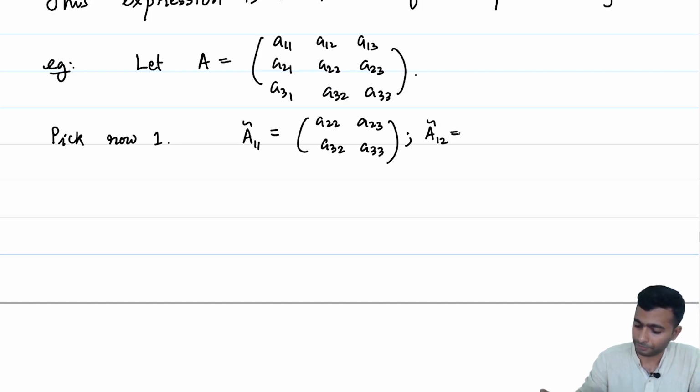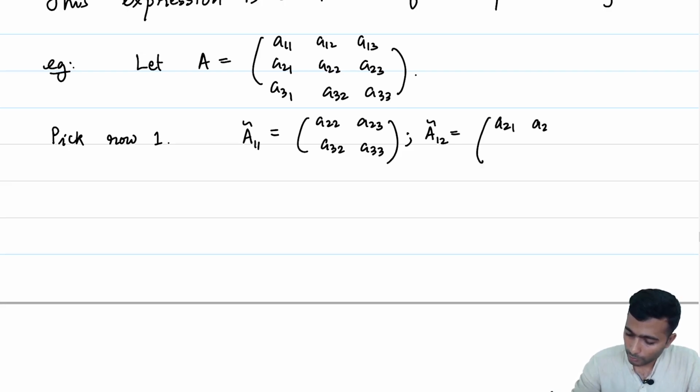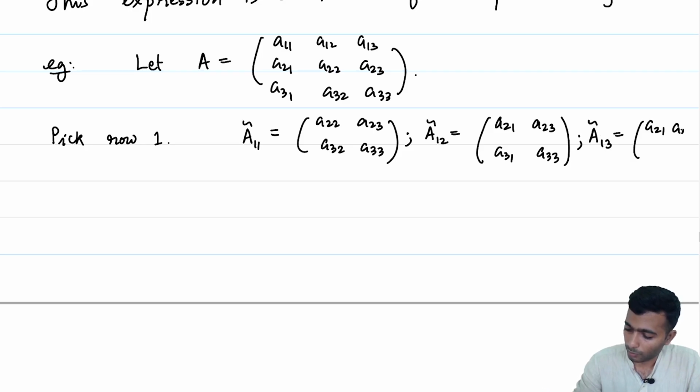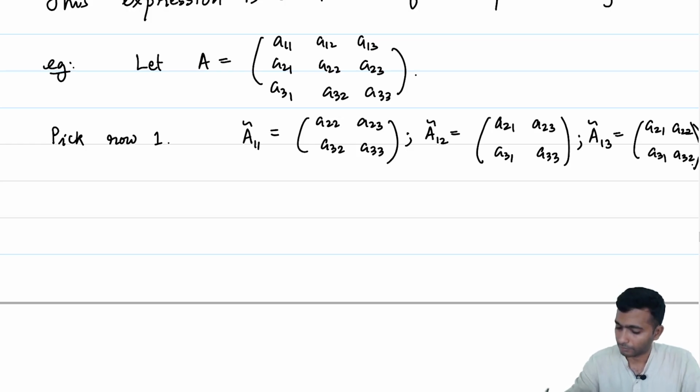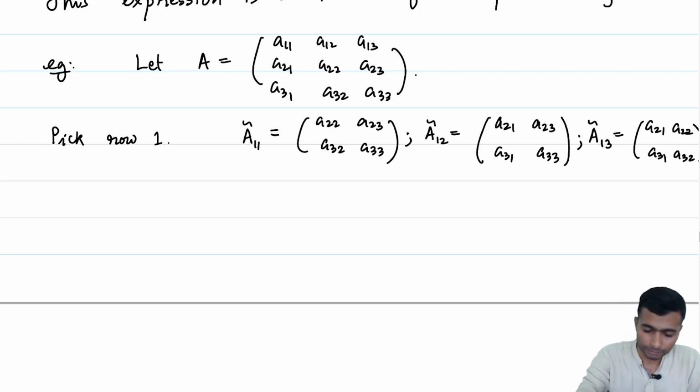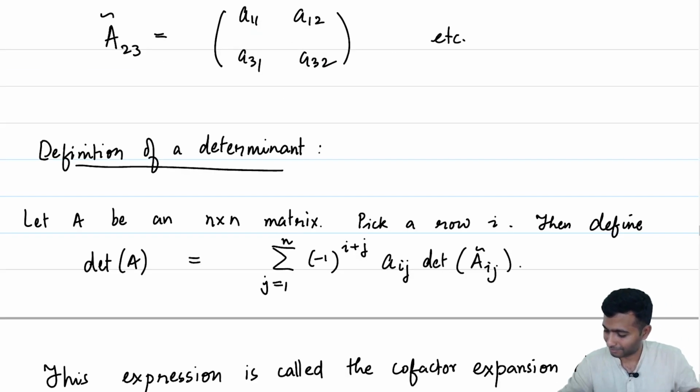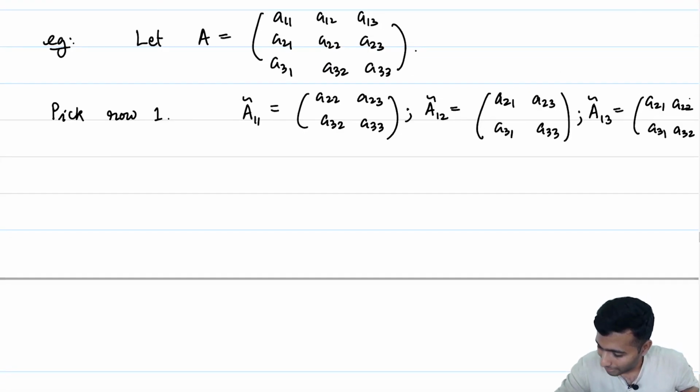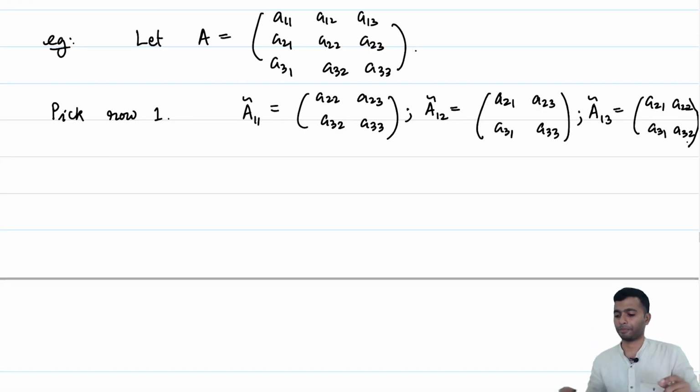A12 tilde is A21, A23, A31, A33, and A13 tilde is A21, A22, A31, A32. Let me be careful, there is a bracket here, yes.